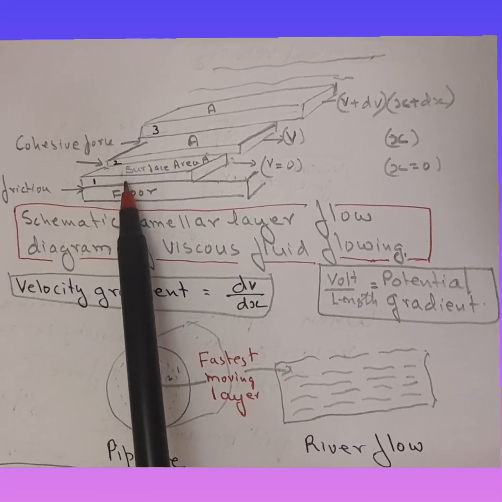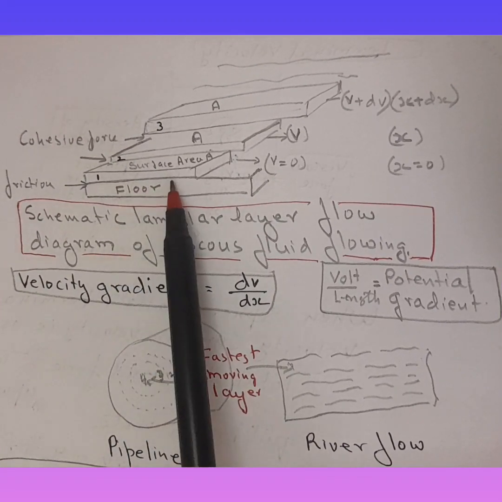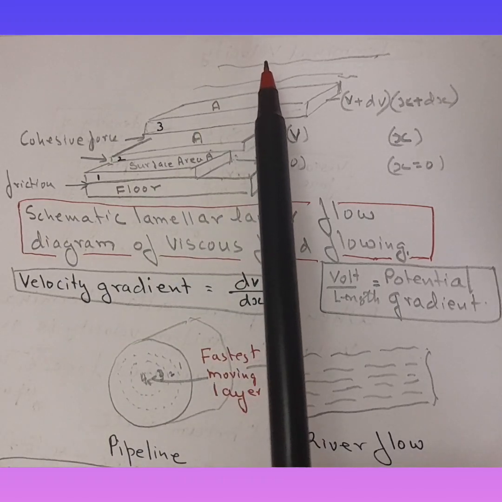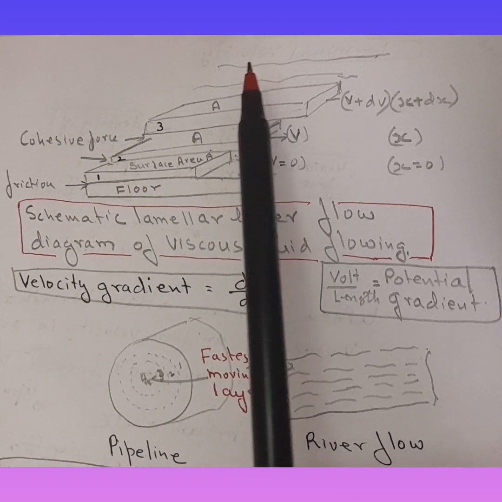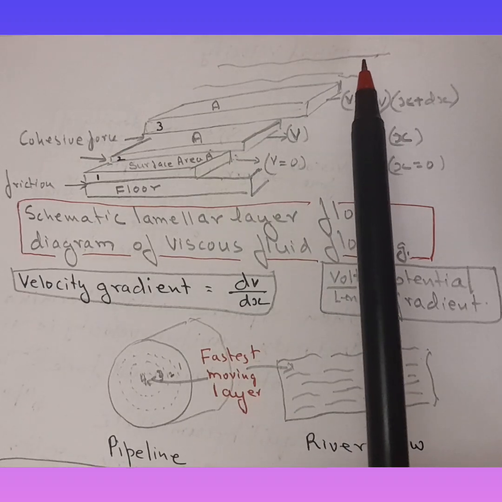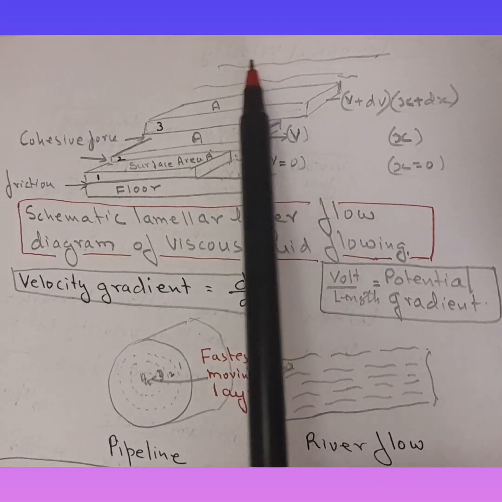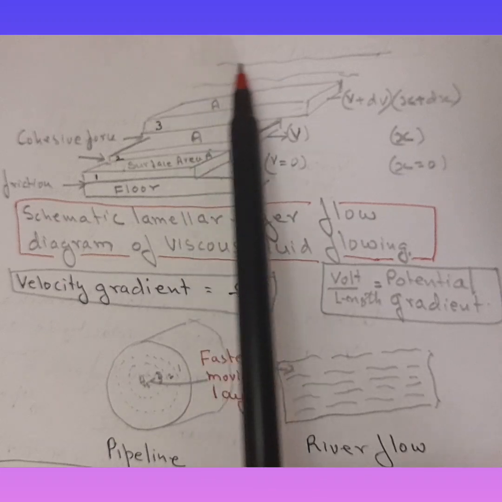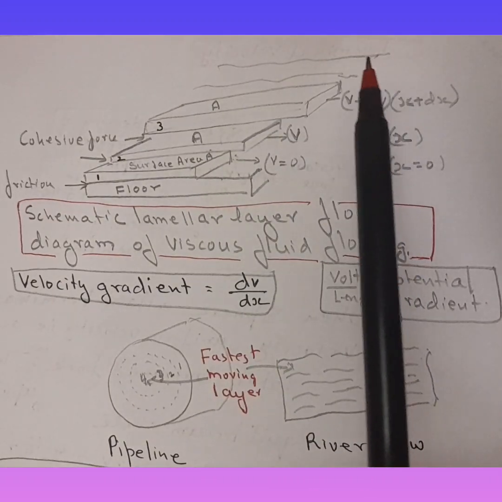Alright, I will give you the reason why the lowermost layer hardly slides and why the uppermost layer slides most. So the velocity of the topmost layer would be the fastest, and that's what we observe.